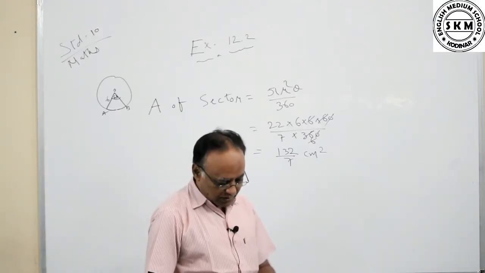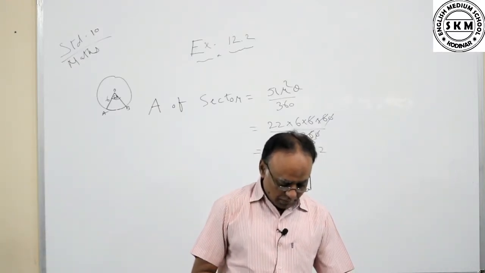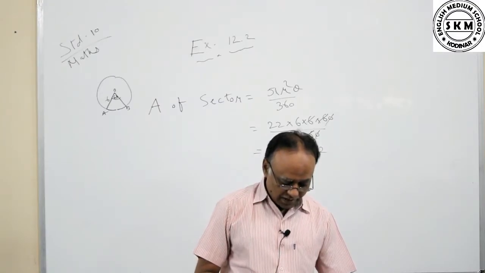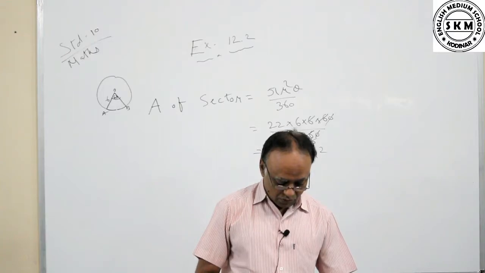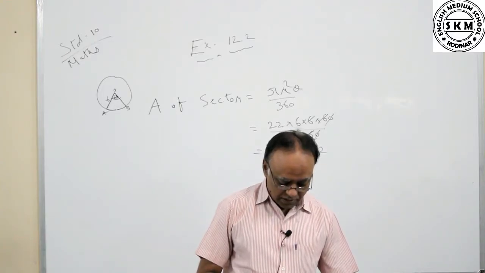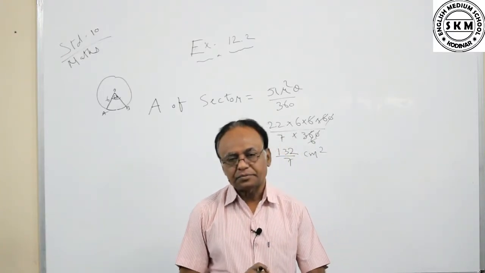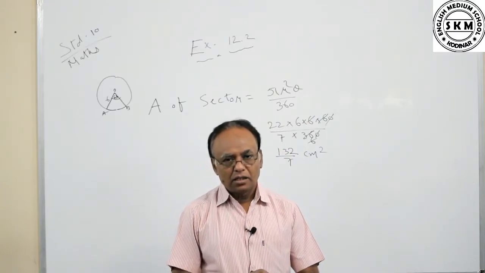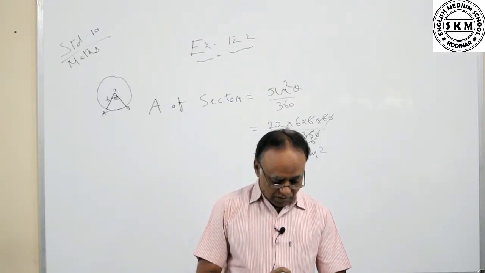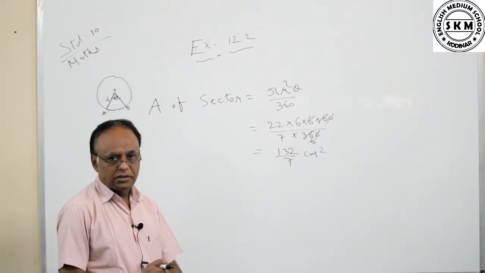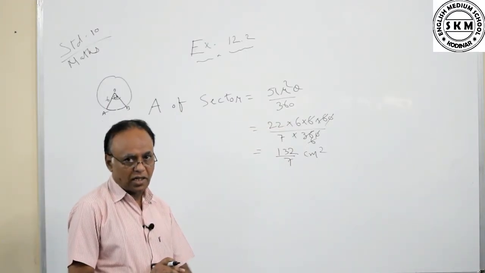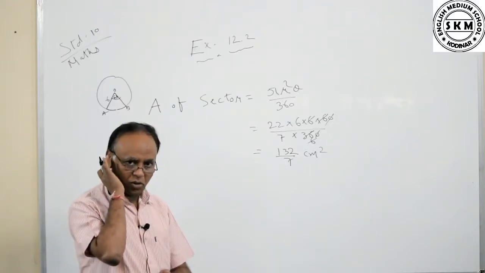Second example: find the area of the quadrant of a circle whose circumference is 22 centimeters. Now, quadrant: in classes 6, 7, 8 you learned about the graph, first, second, third, fourth quadrant.